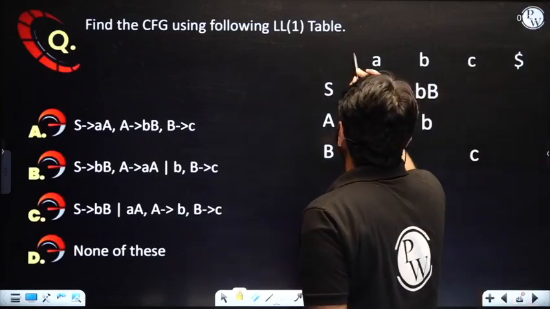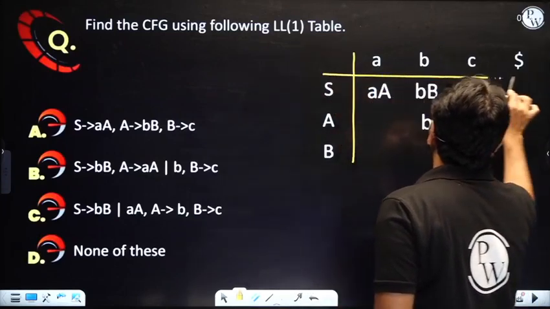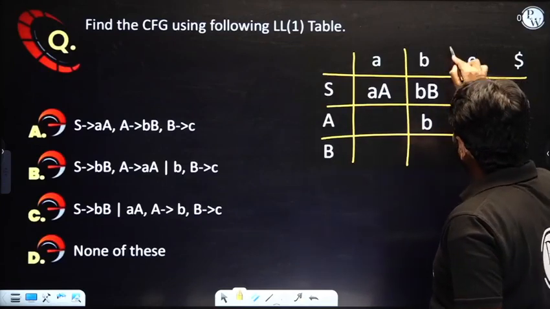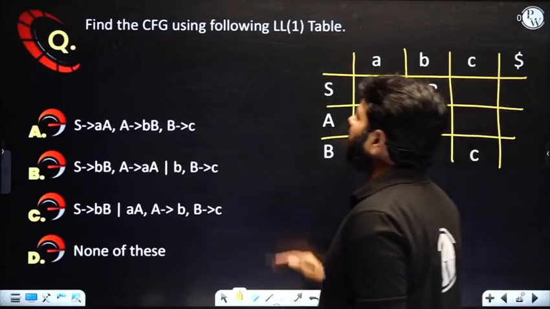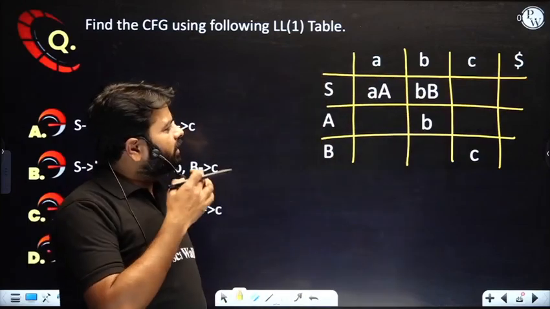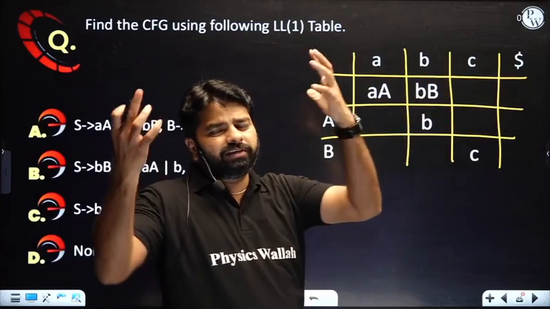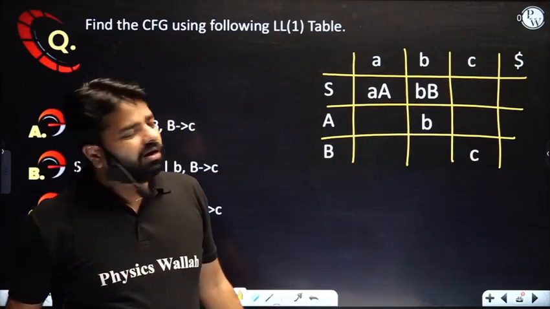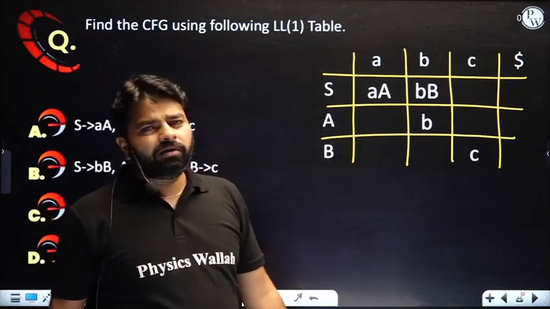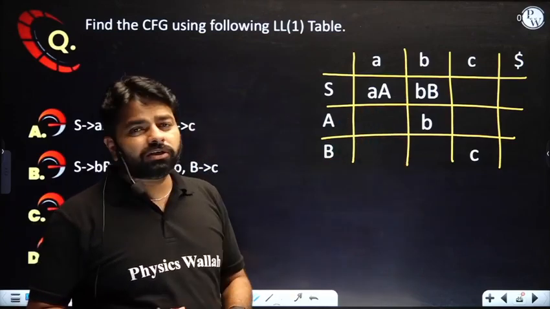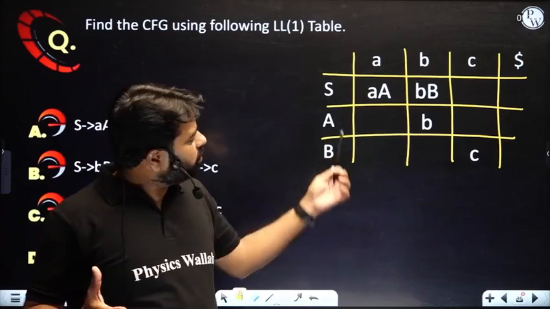Now, you can see this table. I have a very simple question for you. I have given you an LL1 table. This table has already stored the grammar, using the first and follow set computation. Now, by looking at this table, can you write the grammar back? Yes, it is possible. When you look at this table, you only store the productions.